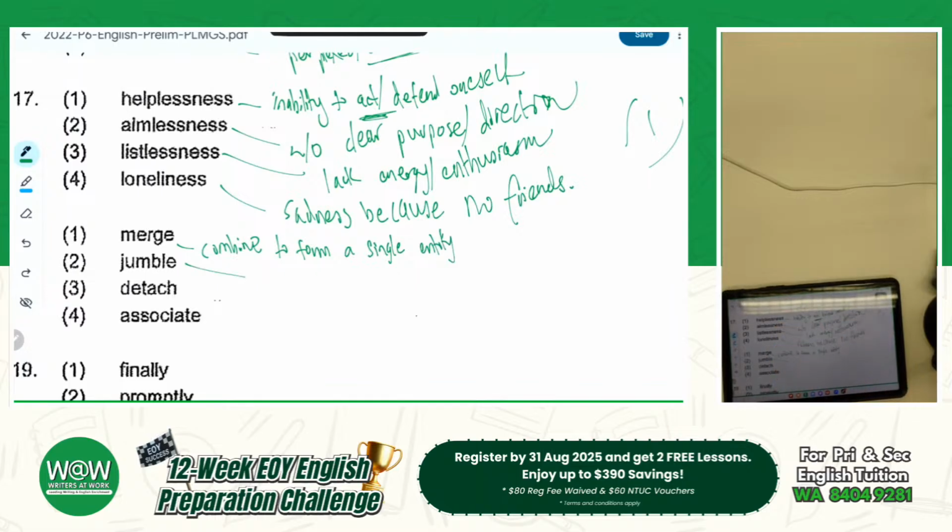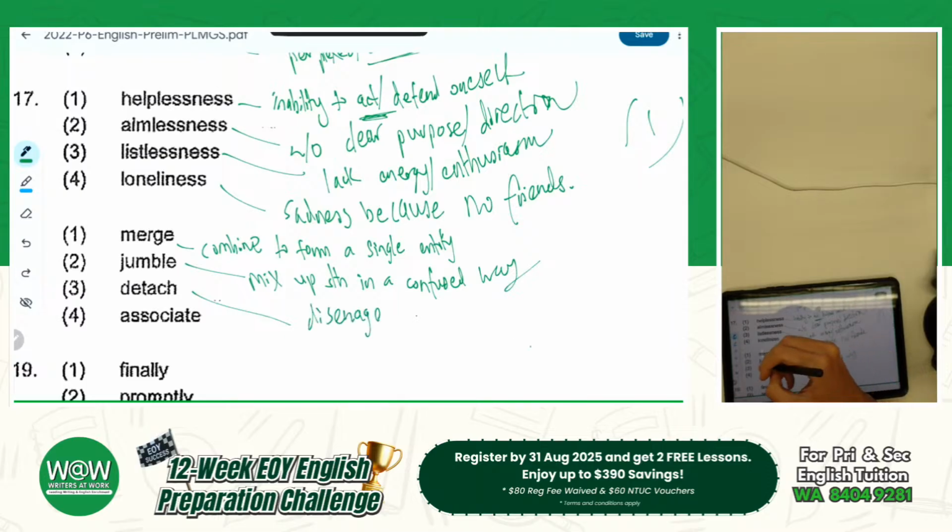Jumble here means you mix up something in a confused way. Then you have detach, which means that you disengage part of something, or you remove part of something.